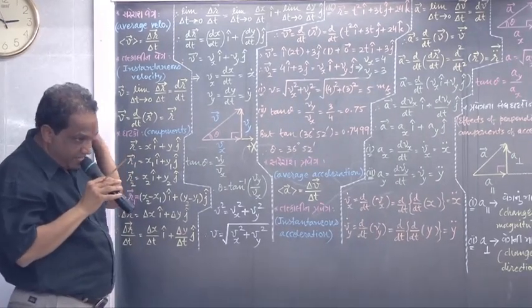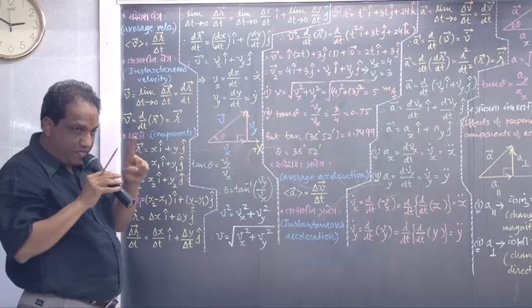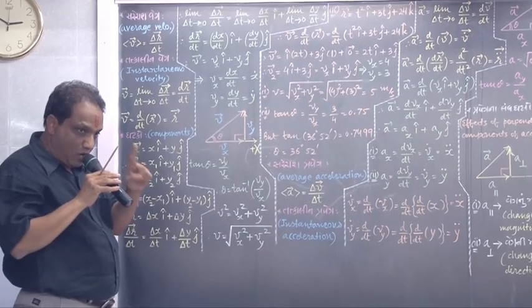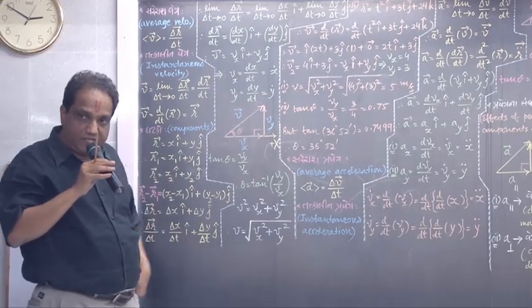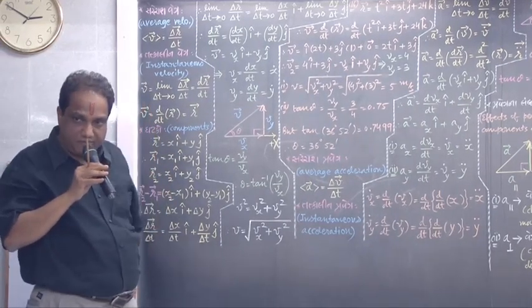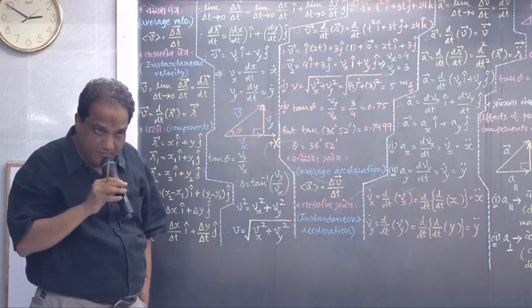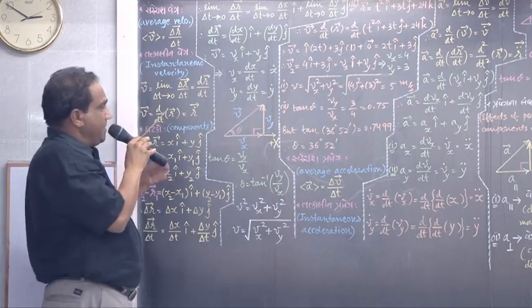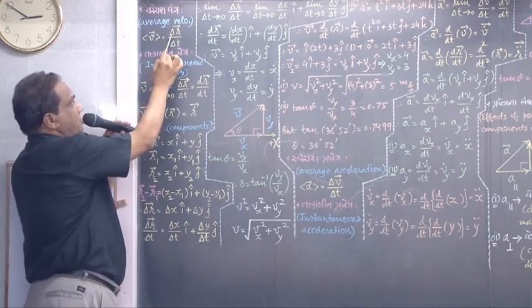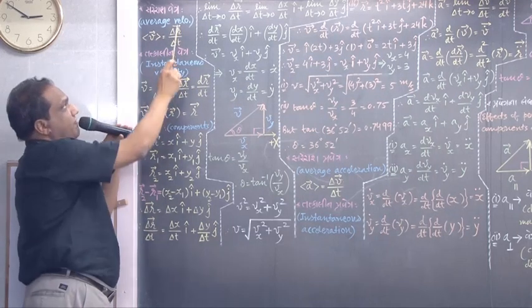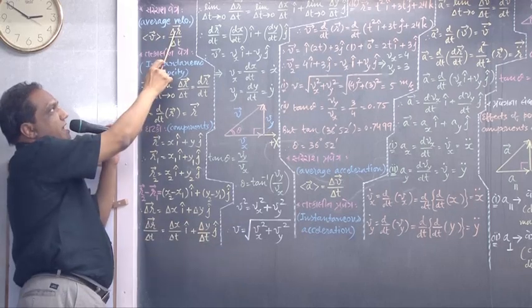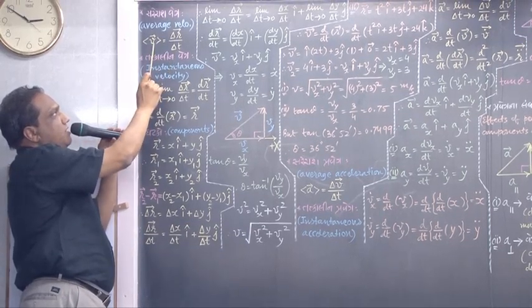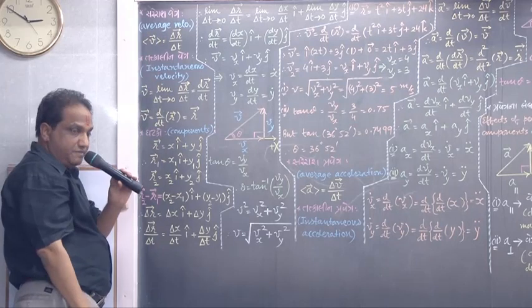It is defined as displacement undergone by a body per unit time, that is displacement upon time. Okay? Displacement is nothing but change in position vector. So I should write vector delta r. Displacement per unit time is called average velocity.